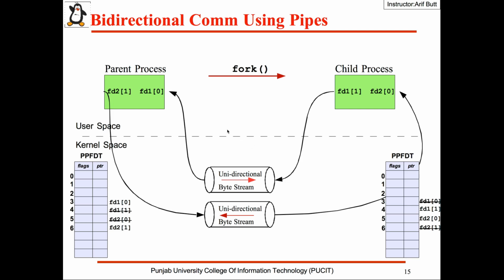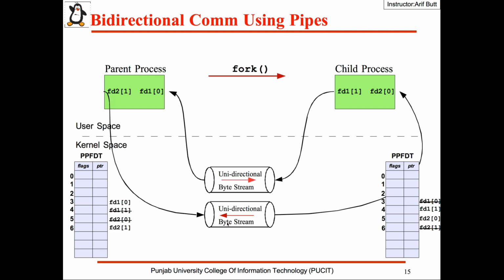The other connection is closed, and since the parent process wants to write to this pipe, you see this connection while the other connection is closed. So here is the final PPFDT of the parent process with 4 and 5 closed. The child process will have this PPFDT and it will have descriptor 3 and descriptor 6 closed.